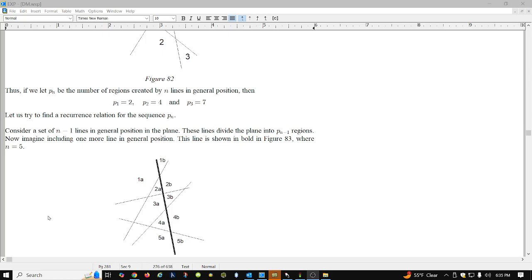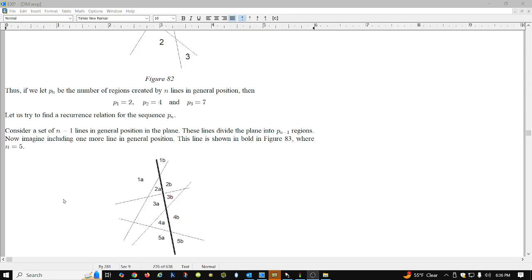So consider a set of n minus 1 lines in general position in the plane. And these lines divide the plane into Pn minus 1 regions. Now imagine including one more line in general position.